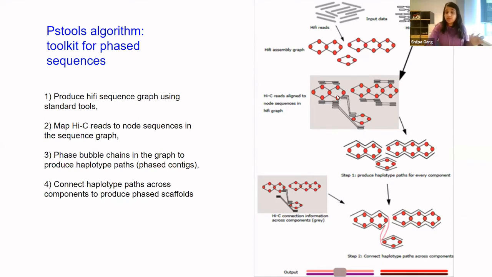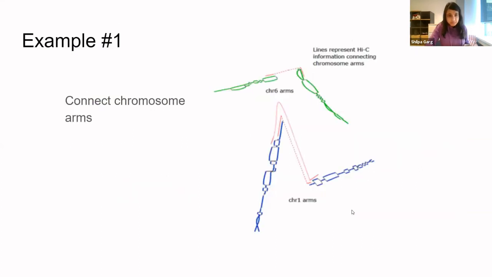And also, Hi-C gives information across components, for example, how different arms of the chromosomes from different components, and how these arms should be connected to each other, is also information encoded using Hi-C through these graphs. And based on essentially a maximum likelihood framework, we try to produce the phased scaffolds through these graphs.